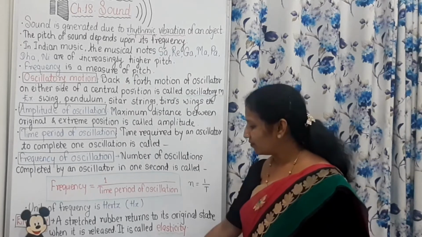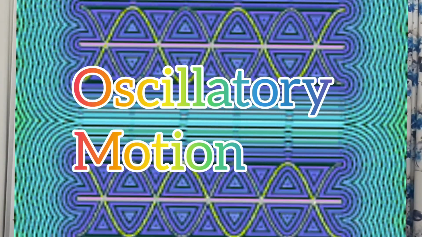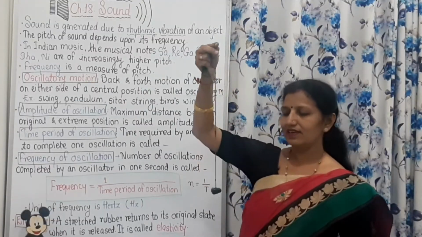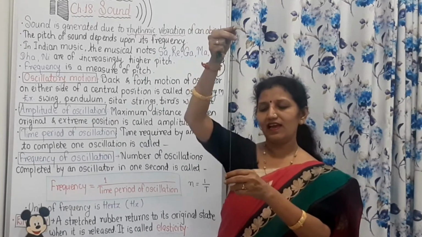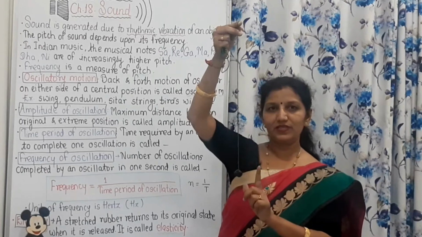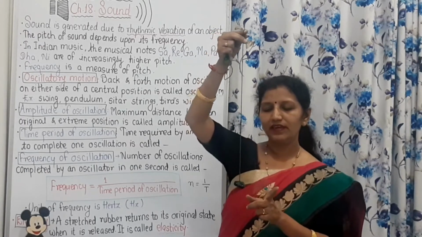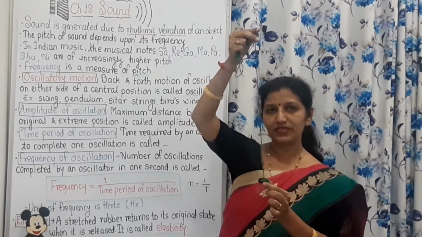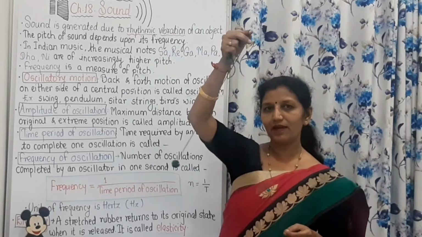Now we are going to study oscillatory motion. See, I had taken this thread and I had tied a stone to it so that it has become like a pendulum. Now, this is the central position here, and if I want to move it, what will happen?